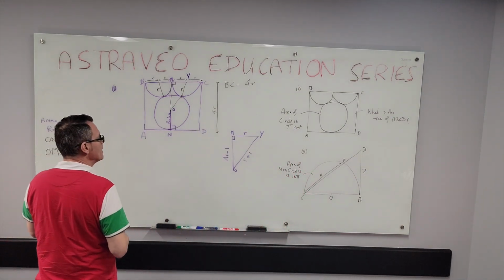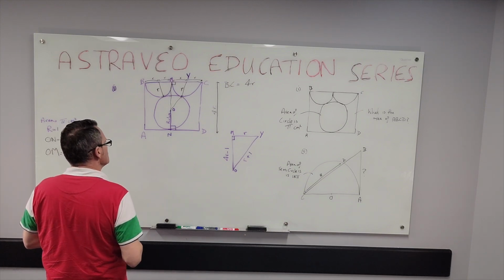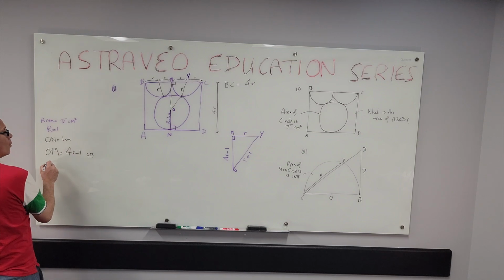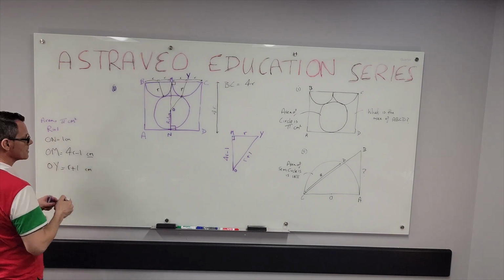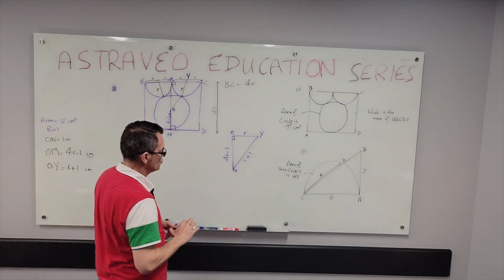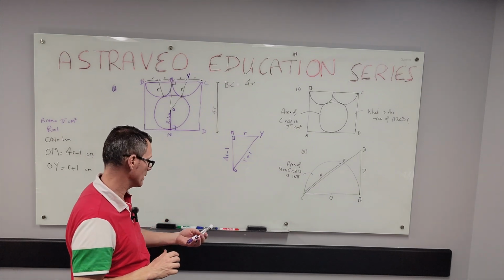So that looks to me like a great Pythagorean triangle. So I'm just going to write one more thing here. OY is R plus 1. Everything's going to be in centimeters. Now, it's true, we actually don't know the value of R, but Pythag may allow us to calculate it.